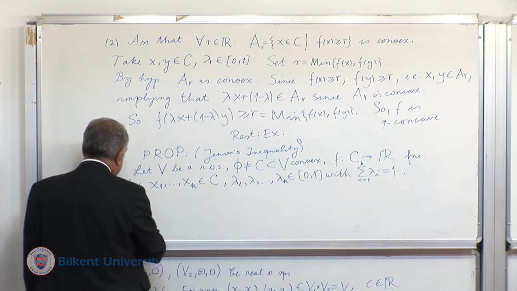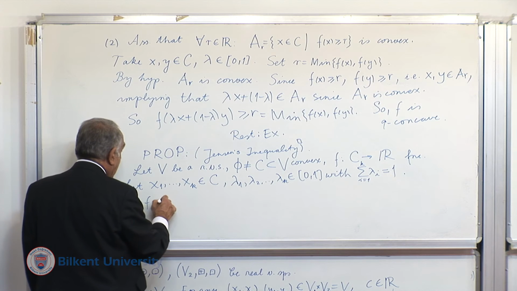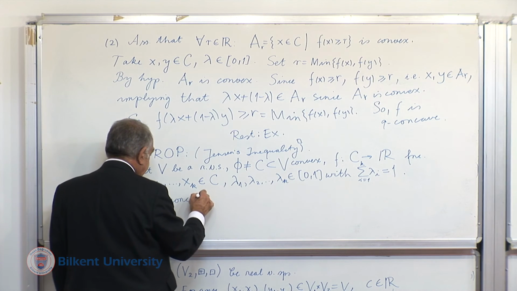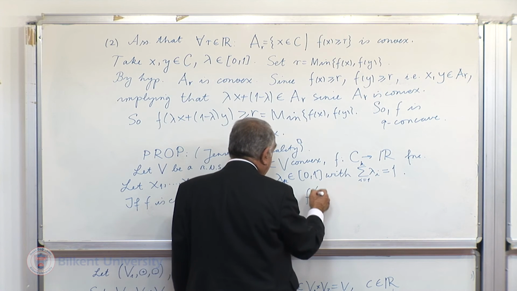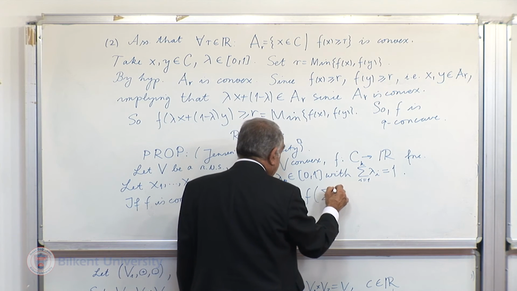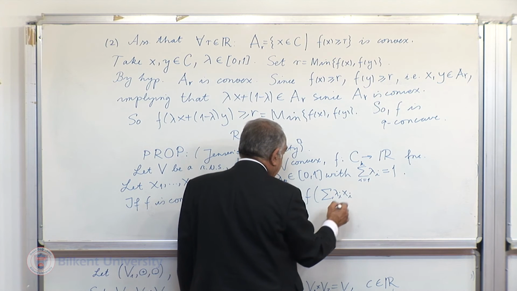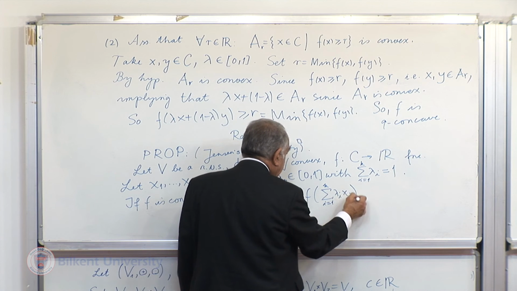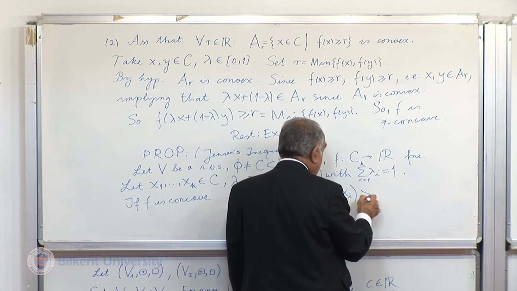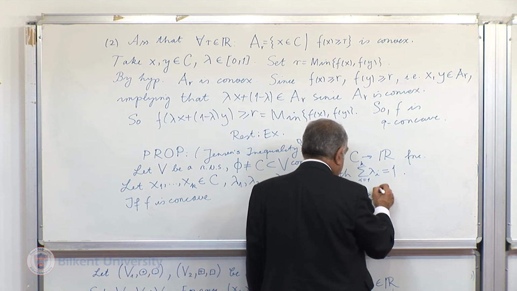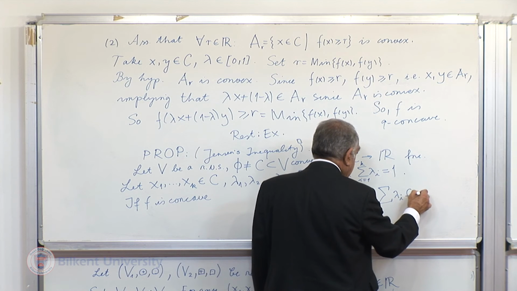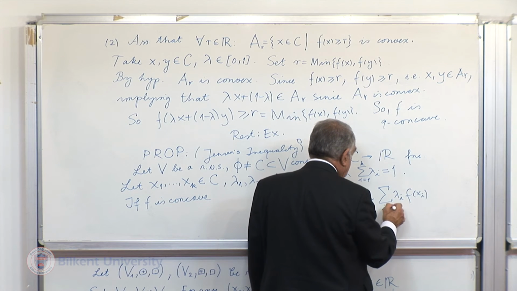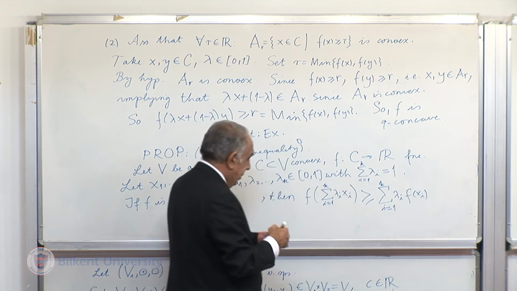Now, if f is concave, then f of the convex combination of these xi's, with coefficients being lambda i's, is larger than or equal to the sum of lambda i's, f of xi's, i from 1 to k.